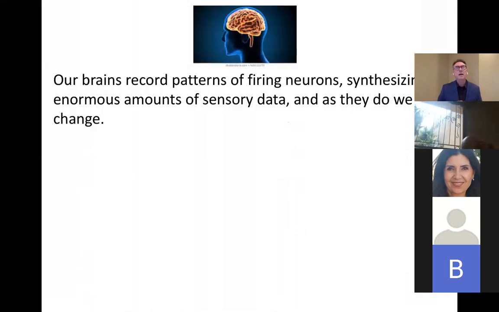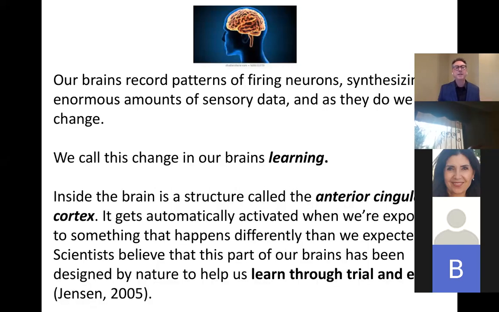So I wanted to learn a little more about how the brain works. Like, how do my students' brains work? And of course, we know that it's a very complicated process, right? Neurons firing and synthesizing huge and vast amounts of sensory data. That's how we live our lives. As our brains process all of this data, we're looking for ways to change.